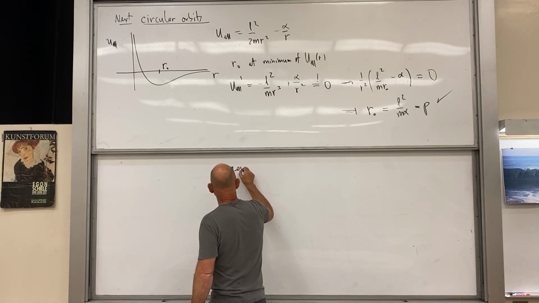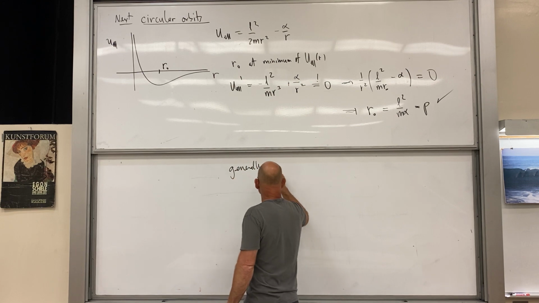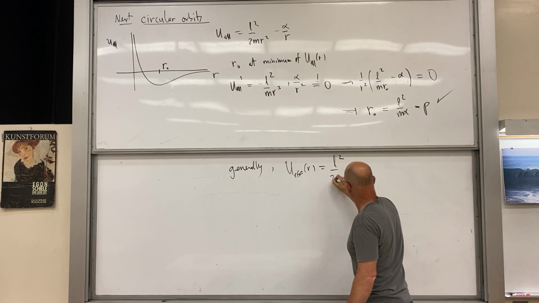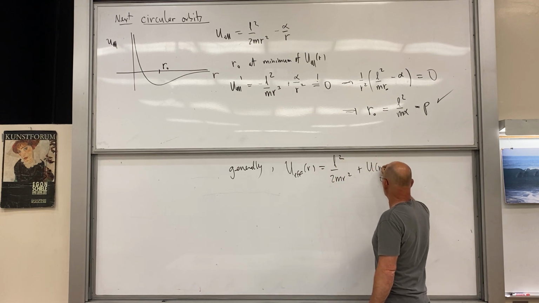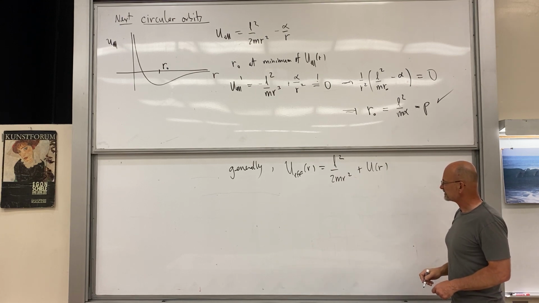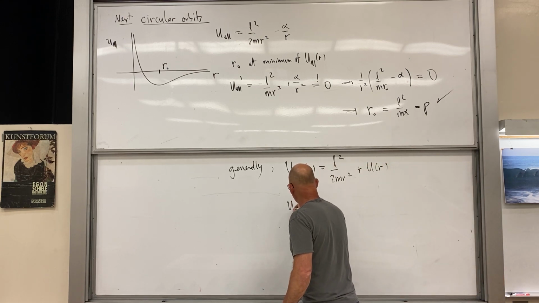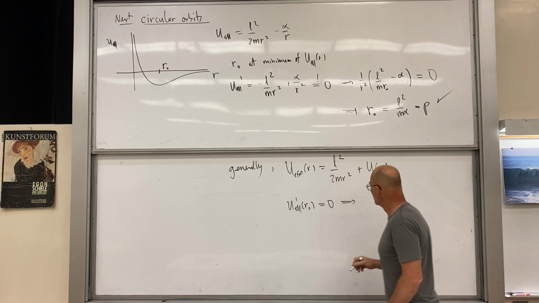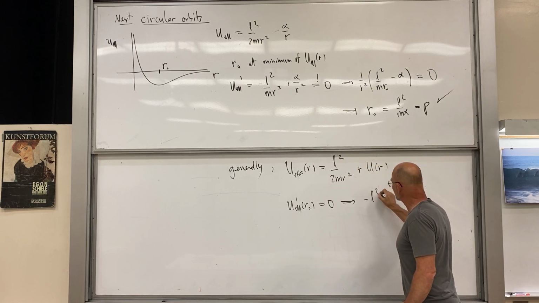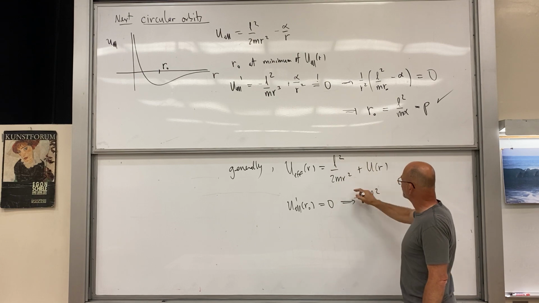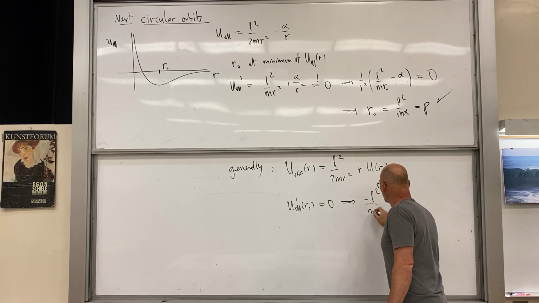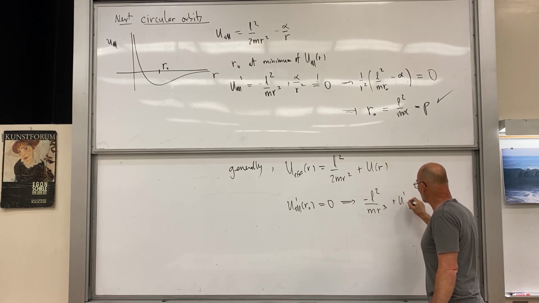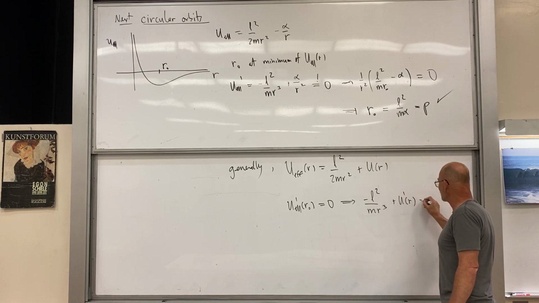Generally, U effective of r is just L squared over 2mr squared plus U of r. And then we set our U effective prime of r0 equal to 0, which is to say minus L squared over mr cubed plus U prime of r is equal to 0.